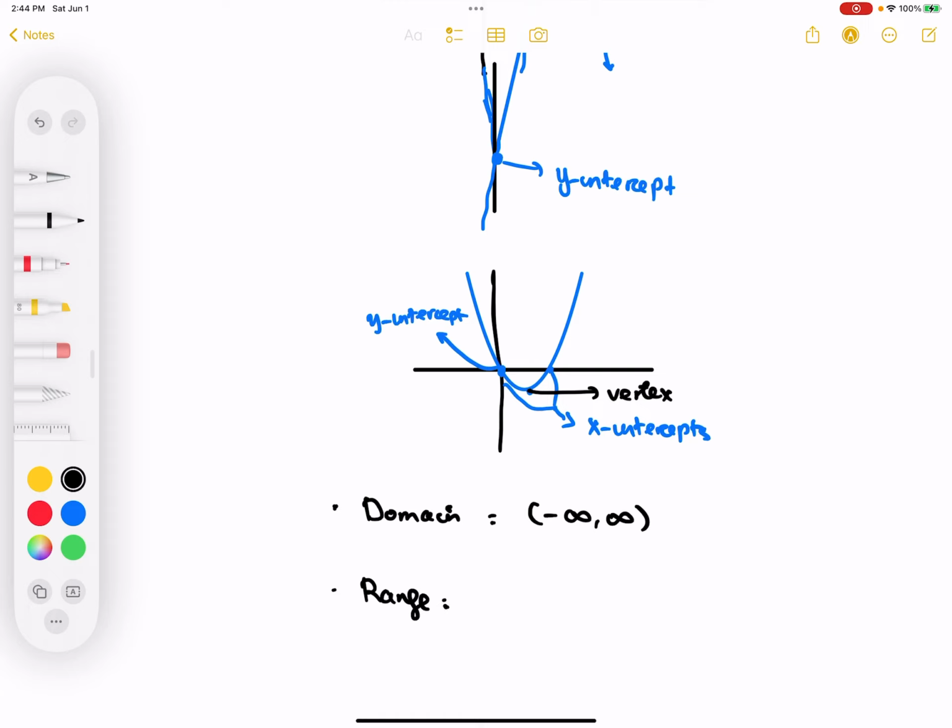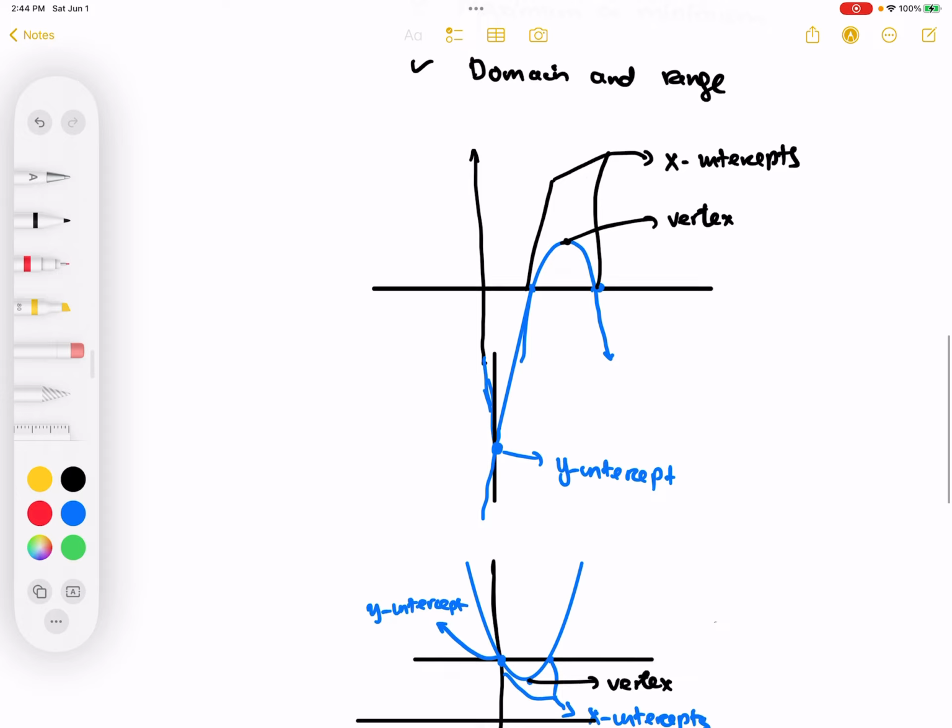For example, if a is greater than 0, the graph opens up, and the range is from the vertex point.